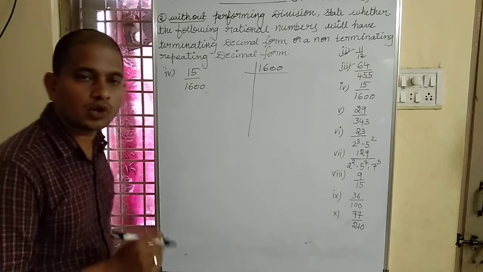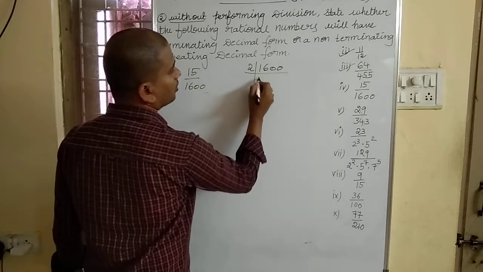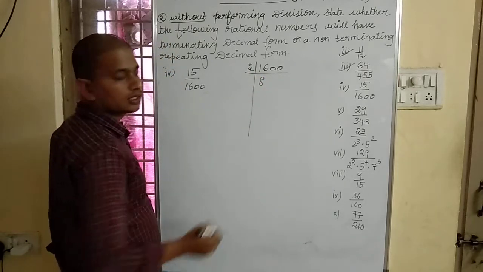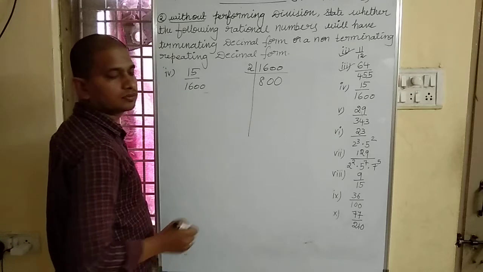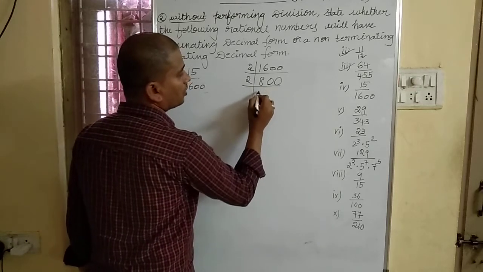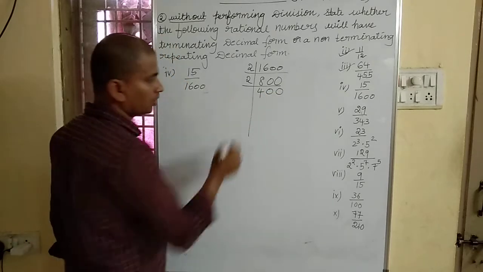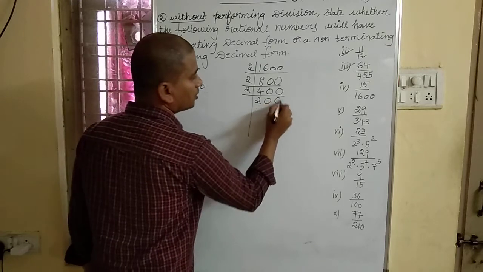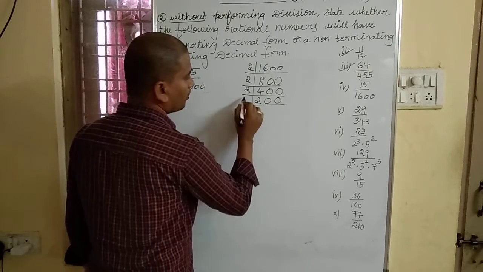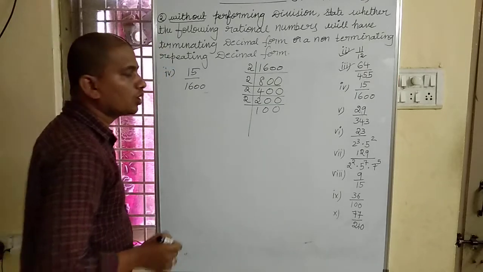So let us find the prime factors of 1600. 2 table. 2 8s are 16. 2 0s are 0. Again the 2 table. 2 4s are 8. Again 2 table. 2 2s are 4. Again 2 table. 2 100s are 200.